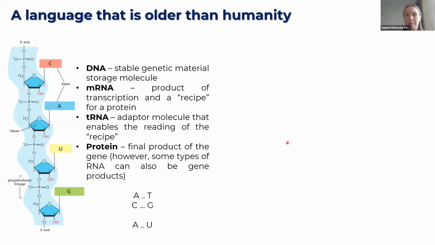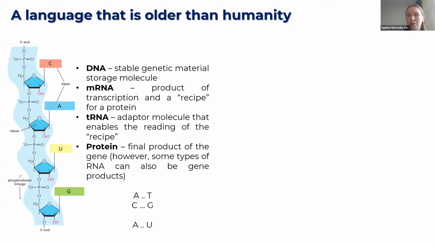So let's talk about DNA first. DNA stores the information about proteins and different types of RNA. It is comprised of four different nucleotide types, C, A, T, and G. Here you can see U, and this nucleotide is only found in RNA.